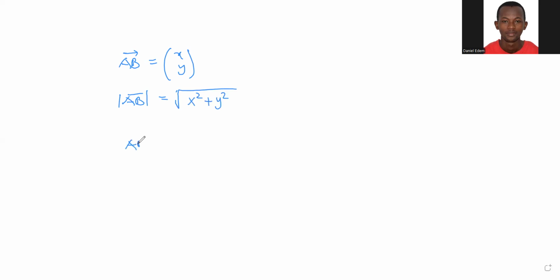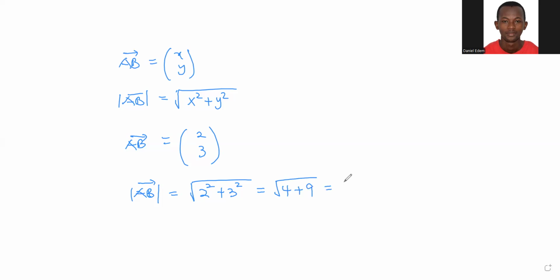So if the vector AB is 2, 3, then the magnitude will be the square root of 2 squared plus 3 squared. 2 squared is 4, 3 squared is 9, giving you square root of 13. And anytime you finish solving magnitude, you add units to it.